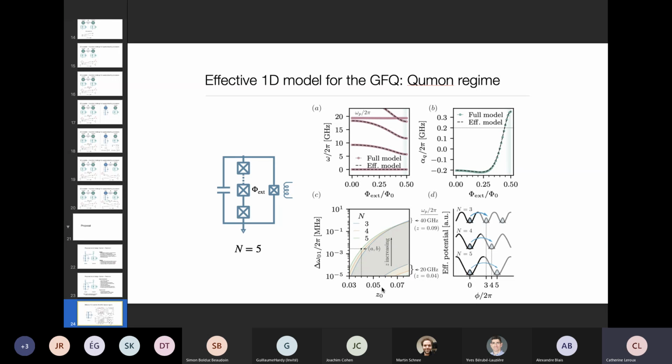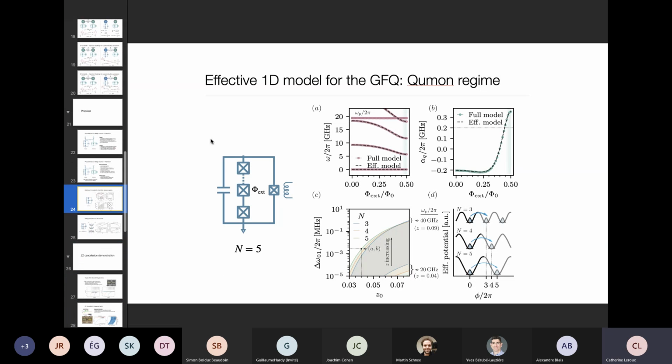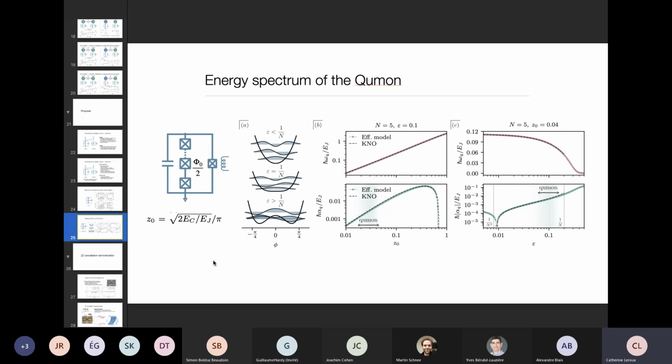Panels C and D are related to charge dispersion. If we have questions, we can discuss that, but it's a more detailed discussion. Still, the point is that we can capture well with the 1D model the dynamics of this circuit. And we need to identify a regime where we define the Qmon. Again, what we want is an effective Kerr oscillator.